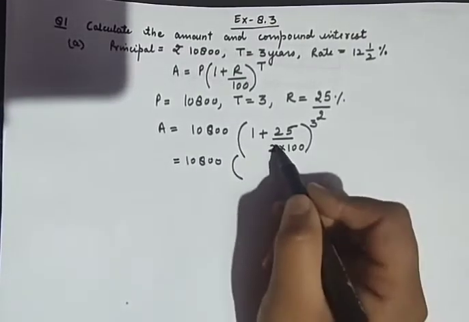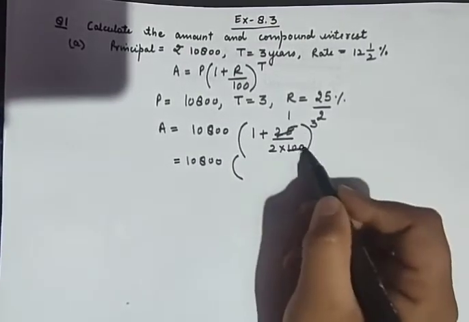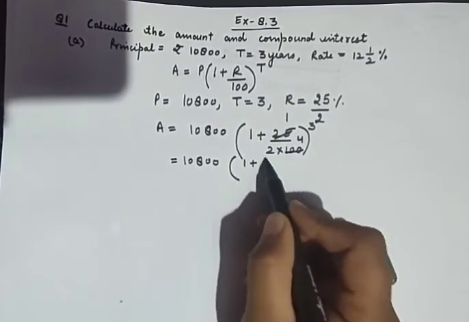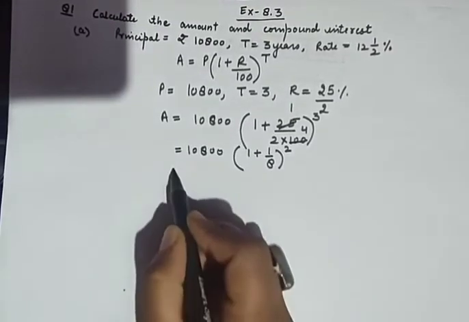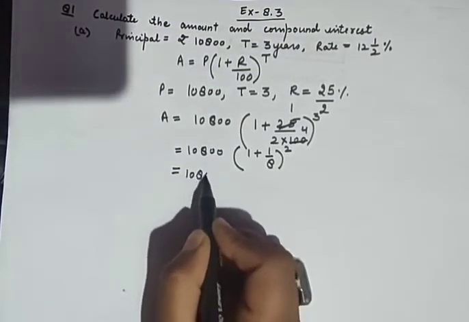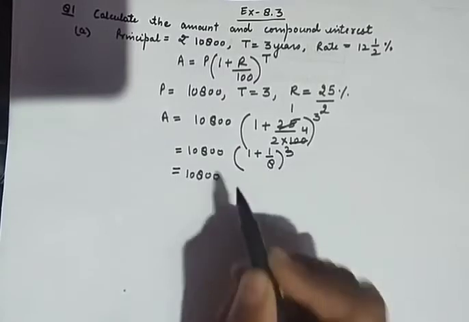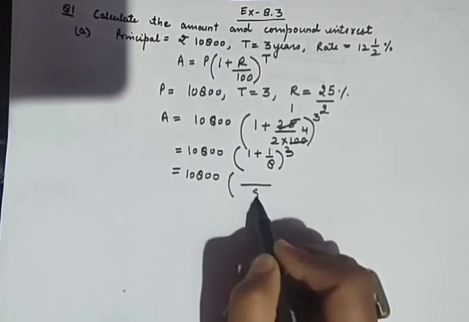10800, 1 plus 25 upon 200; 25 ones are 25, 25 fours are 100, so it will be cancelled. It is (1 plus 1 by 8) square here. Okay, after this 10800, it is not square, sorry, it is cube here. So let me find the LCM here.